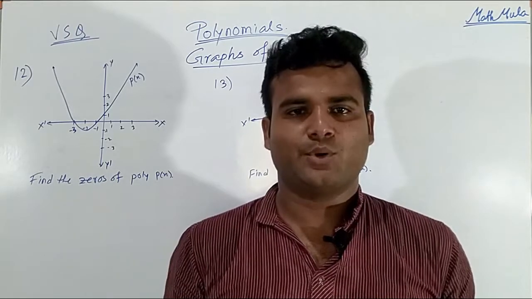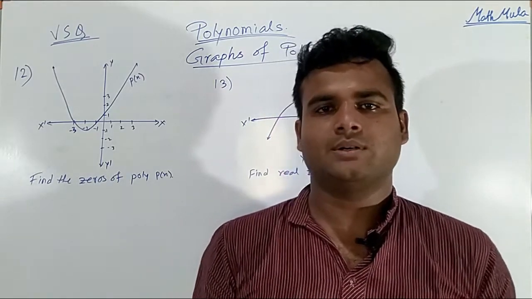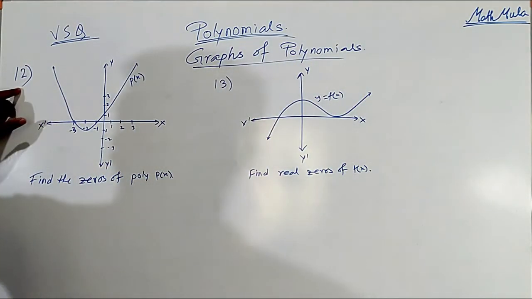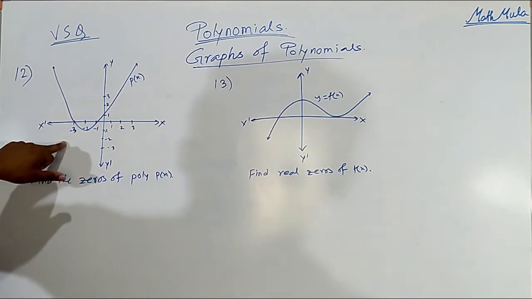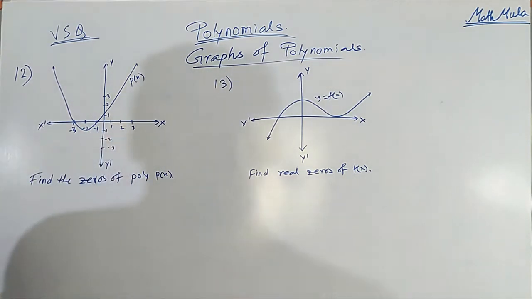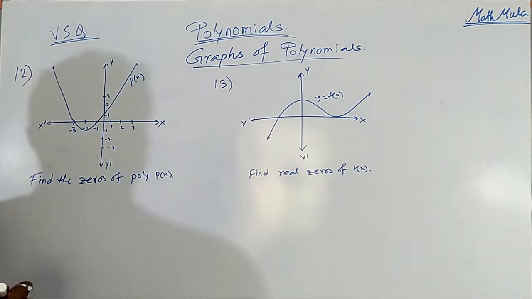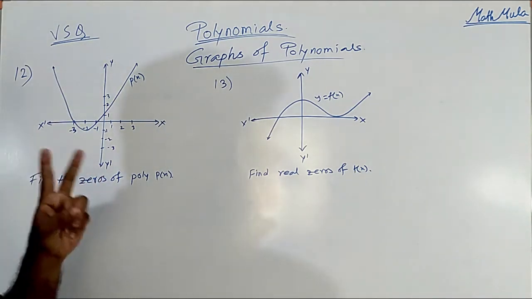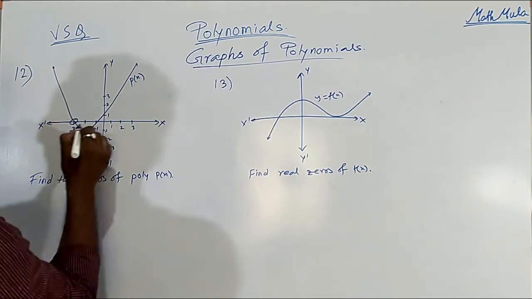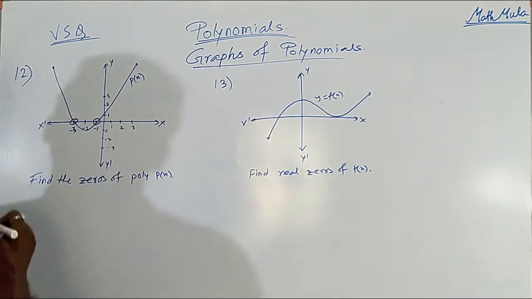Now we solve some important sums from the book R.D. Sharma, VSQ, very short type questions. Question number 12, this graph is given and the question is to find the zeros of the polynomial p of x. Now look, from this graph, the x-axis is cut at two points, one at -3 and another at -1.